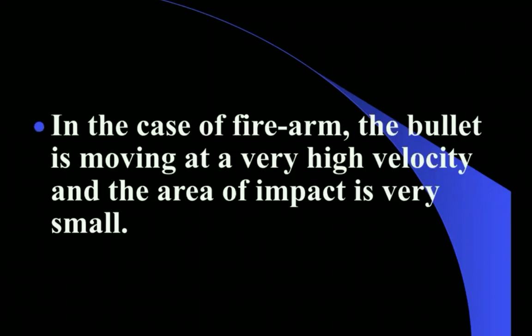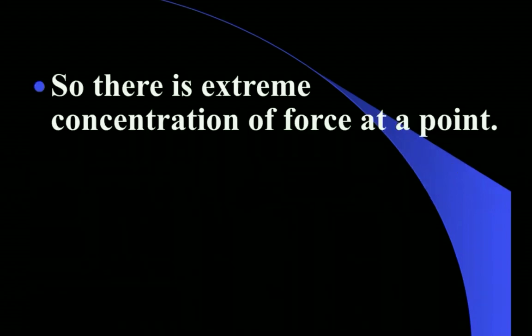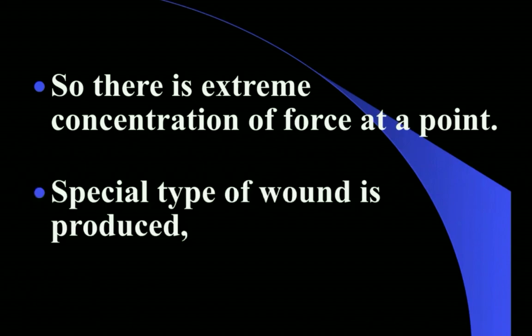So, firearms. Firearms are basically a special trauma because in this, the bullet is moving at a very high velocity, and the area of impact where the bullet is going to strike is very small. So there is an extreme concentration of the force at a single point.